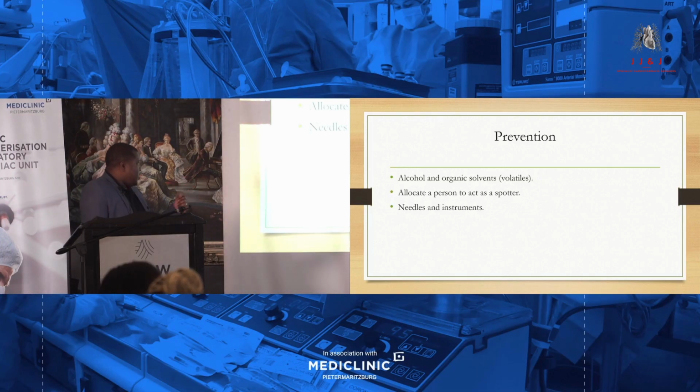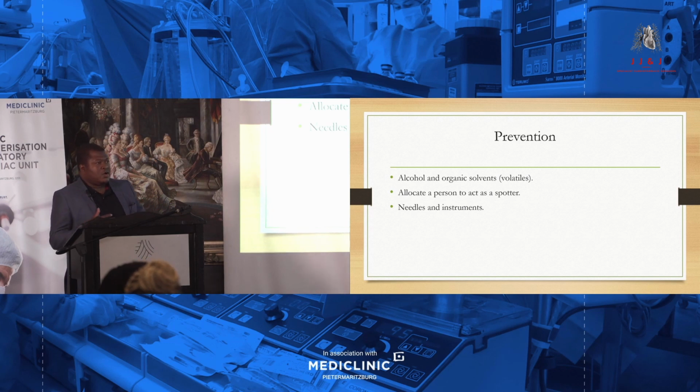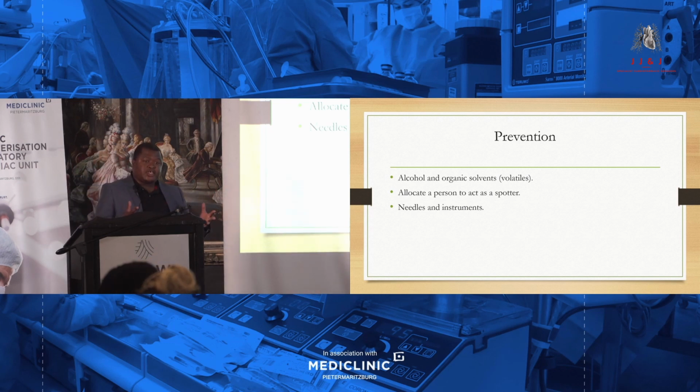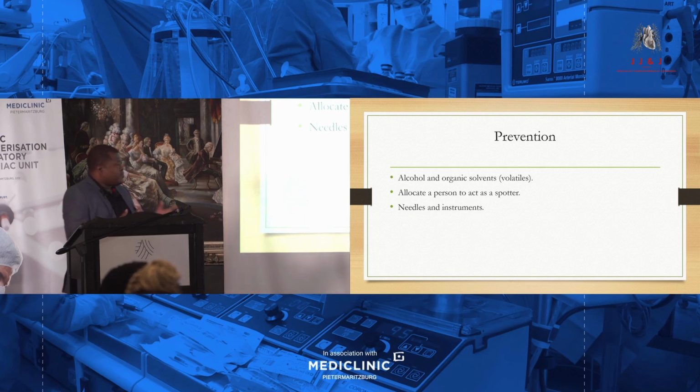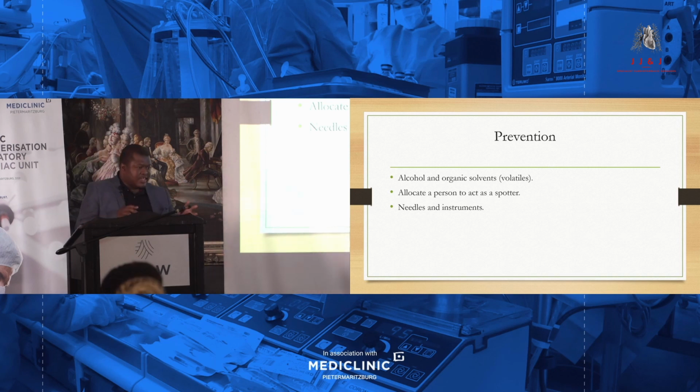And then second point, in ICU, when the sisters are busy trying to turn the patient, or maybe they want to move the patient to CT scan or wherever, it's important to have a person that's going to be a spotter. That person is going to see what's happening on the circuit.